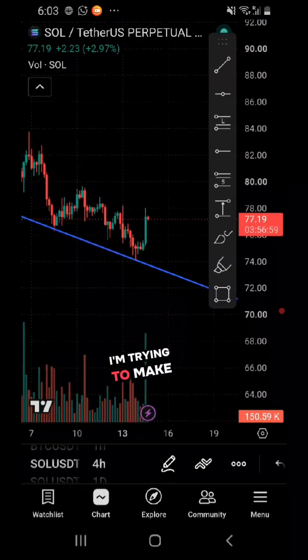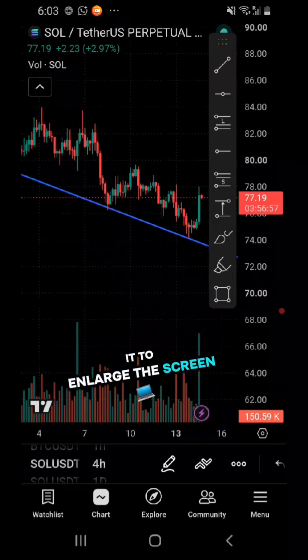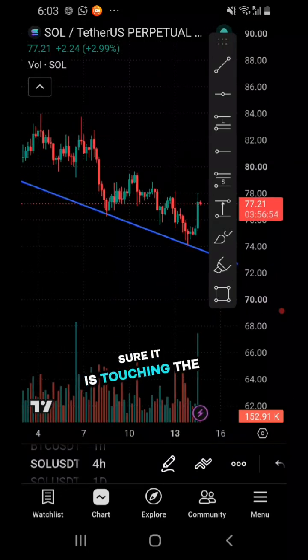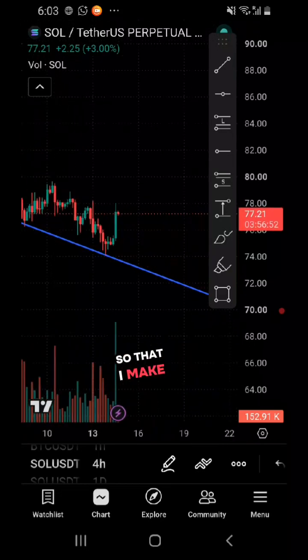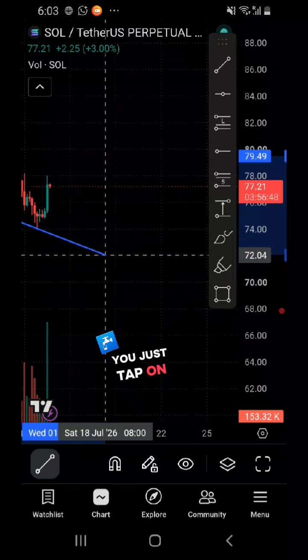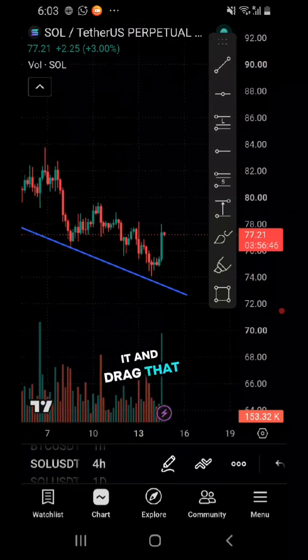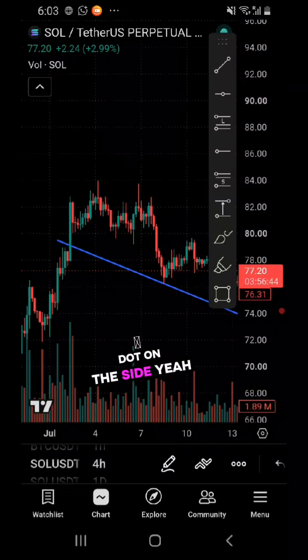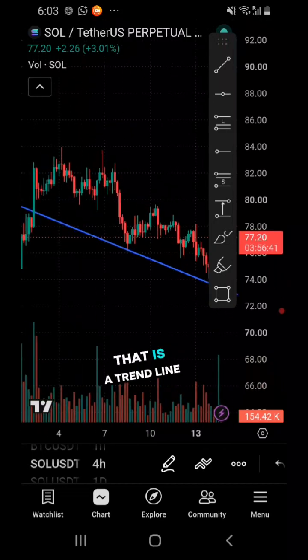You see, I'm trying to enlarge the screen so that I make sure it is touching the right places. And if you want to reduce it, you just tap on it and drag that dot on the side. Yeah, as you can see, that is our trend line.